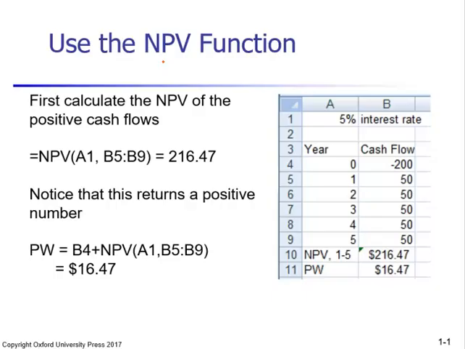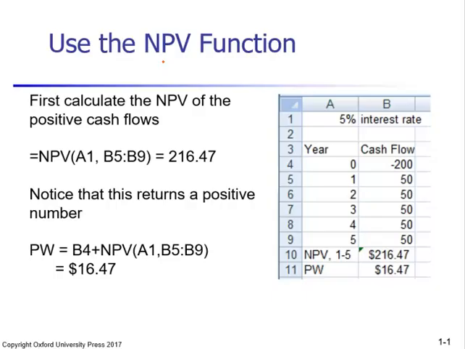Okay, so we go for calculation of the present value of these positive cash flows that we have, because as you remember, when you are using NPV, the first number that you have is considered year one.